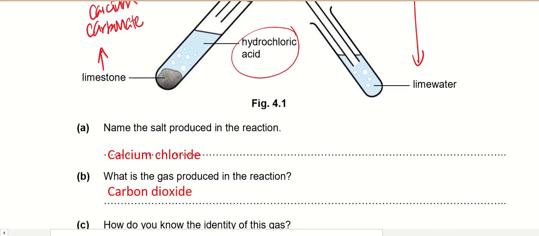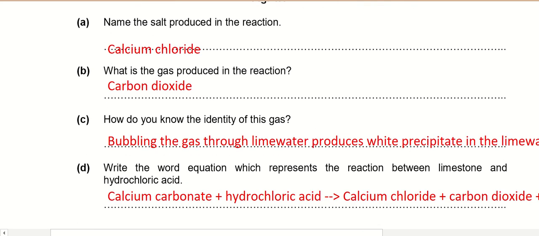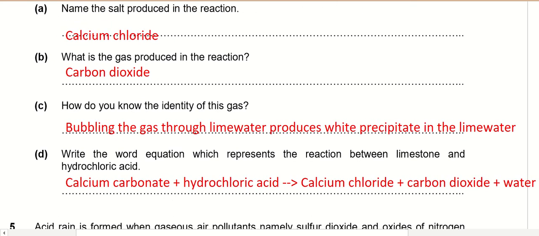Now, what is the gas produced in the reaction? This one is carbonate plus acid. So it is a salt plus carbon dioxide plus water. So in this case, the gas is carbon dioxide gas. Pretty straightforward. So how do you know the identity of the gas? Remember when we throw certain things into acid in the lab, we see the appearance of effervescence.